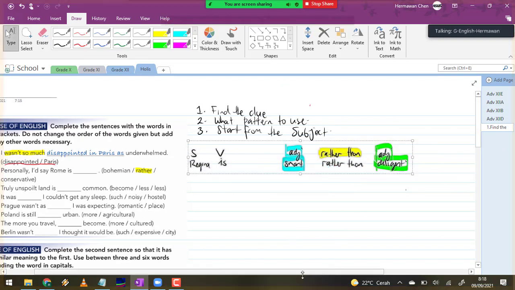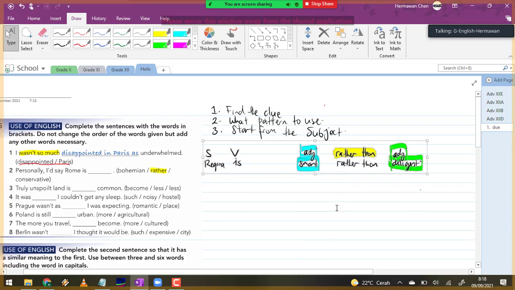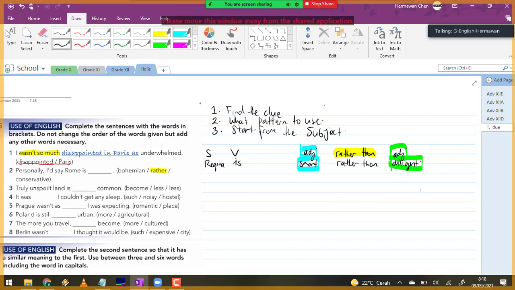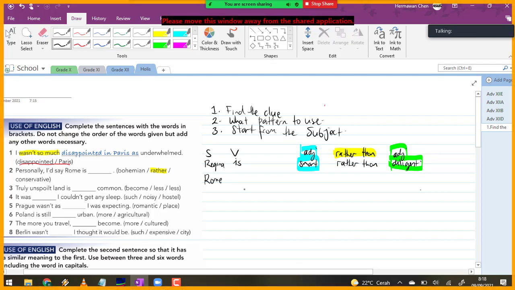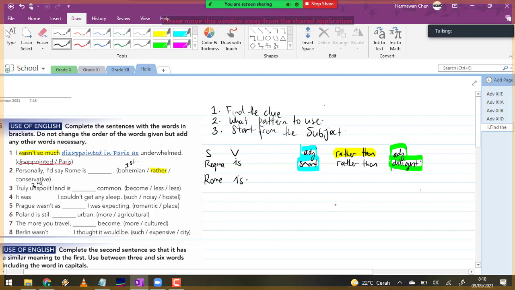Okay, let's start from the subject. What is the subject? The subject is Rome. The verb is. Then first adjective, rather than, second adjective. The first adjective is given, Bohemian. The second adjective is conservative. Let's put it here. Personally, I'd say Rome is Bohemian.